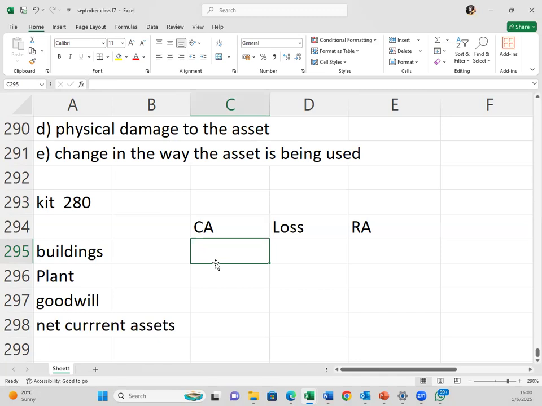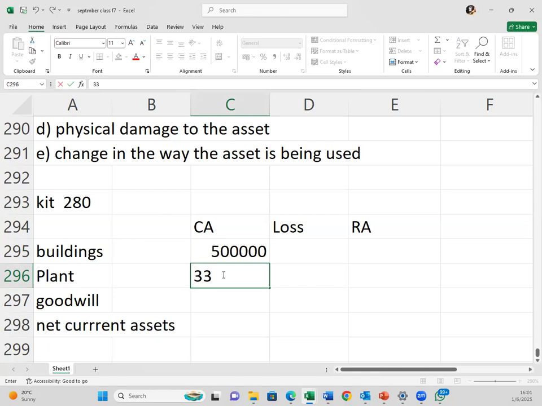The question provided us with the carrying amounts. For the building, it was given as 500,000. For the plant, it was given as 335, but there is a note on plant.